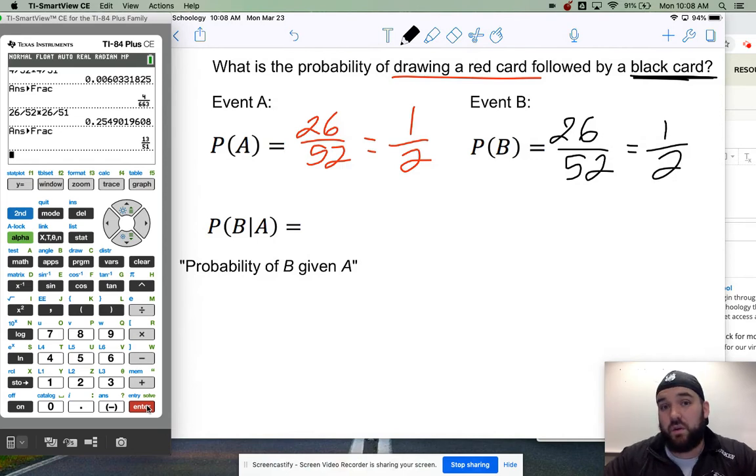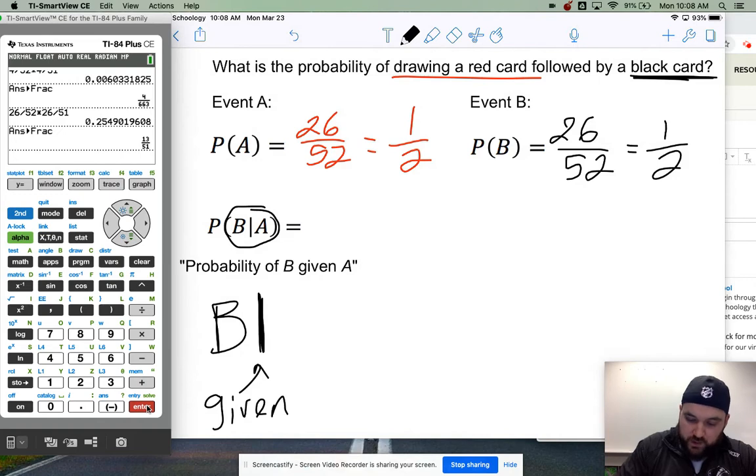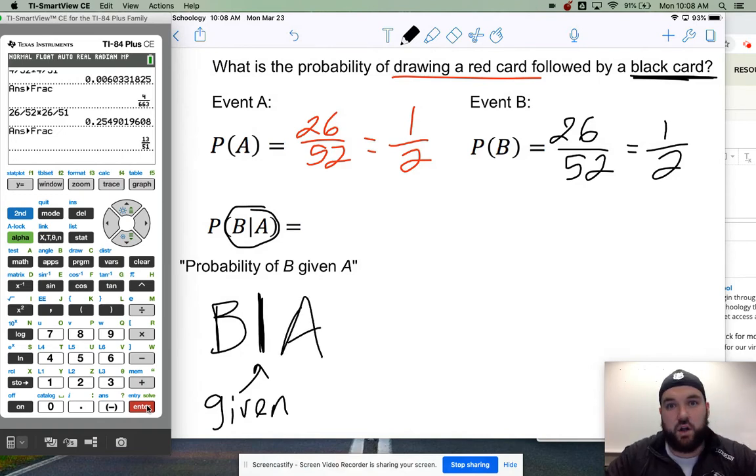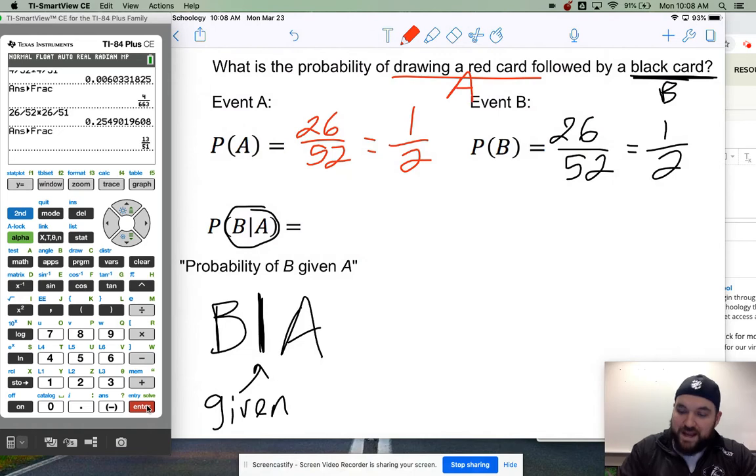But what we did in the warm-up was a conditional probability. Here's how it's going to be written: what's the probability of event B? This bar means given. Given event A has already occurred. So this is saying what's the probability of drawing a black card given that we have already taken a red card out of the deck.